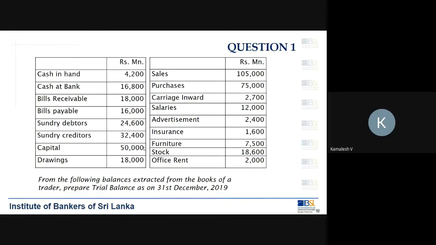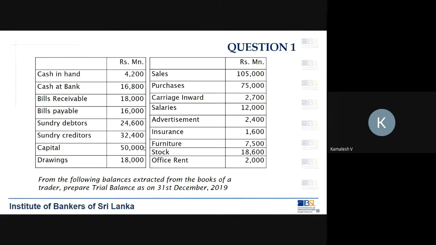When you want to bring in goods from outside to your business, you call it carriage inward. When you take goods from your business to outside, if you had to incur transportation cost, that is a carriage outward. So please remember these two, because in examination, sometimes these type of terms might come. So you have to remember and understand the meaning of the terms.